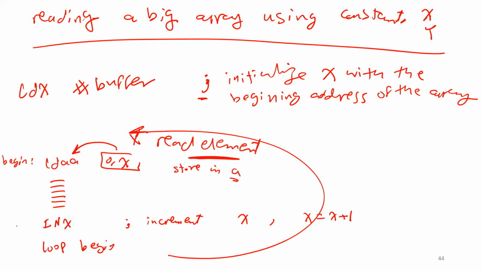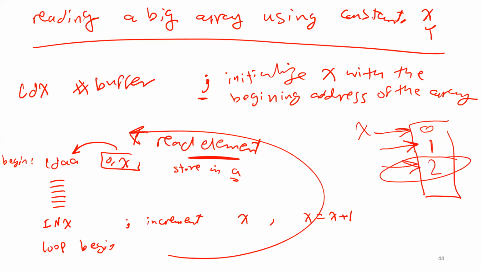That's what I'm saying. So this is the array. X is here. In the first iteration, X is here because I'm gonna put the beginning address in X, right? After one iteration, I'm gonna increment X. So here is element number 0, element number 1, right? Then in the next iteration, I'm gonna increment X. So now I'm gonna work on element number 2 and so on.